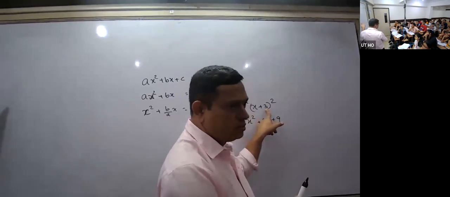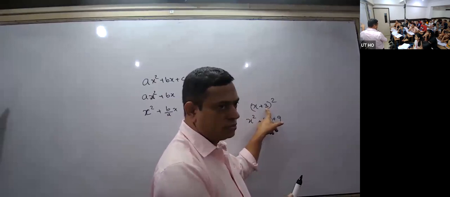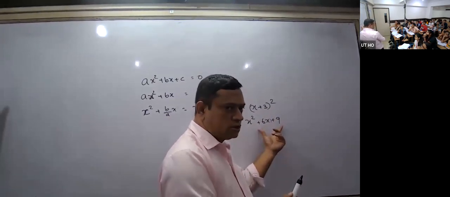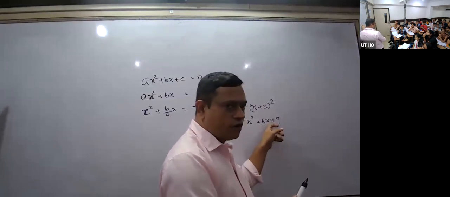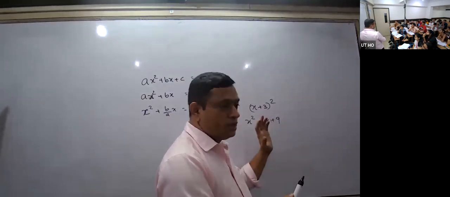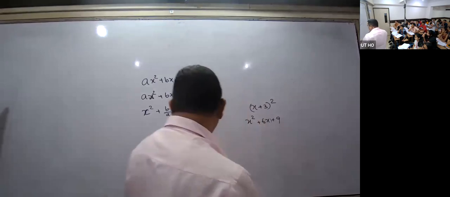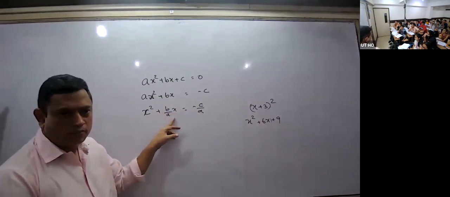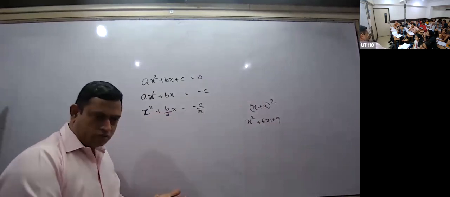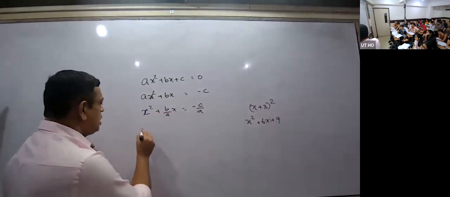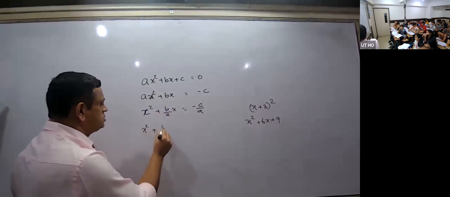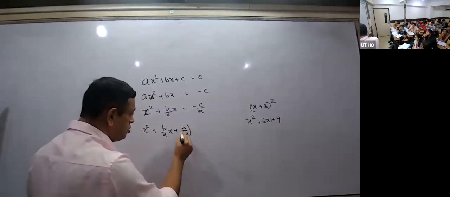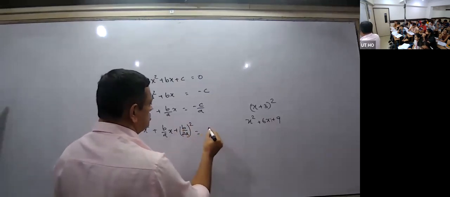It is b. Are you following? In this identity, if you take half the coefficient of x, it is the same as b. So what is the coefficient of x over here? b upon a. What is half the coefficient of x? b upon 2a. I'm going to add: x square plus b upon a x plus b upon 2a, the whole square, is equal to.